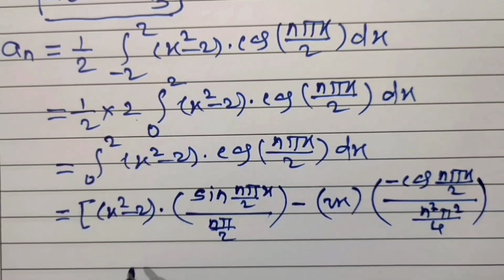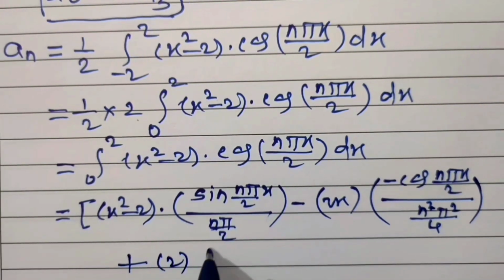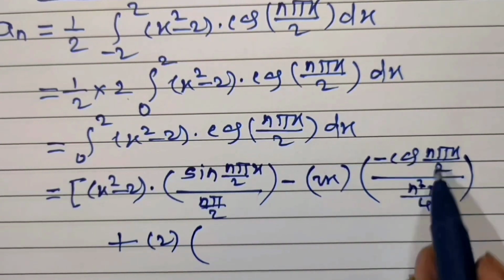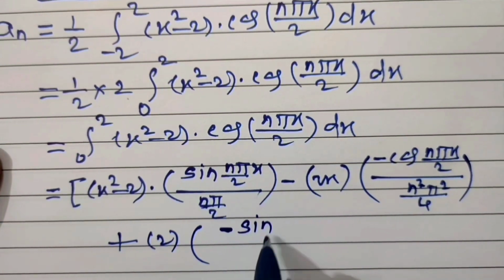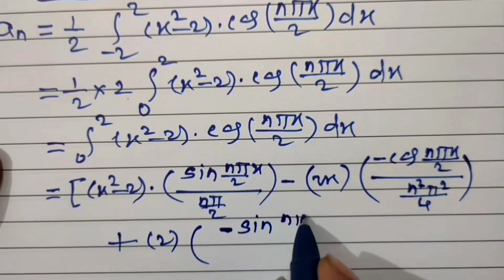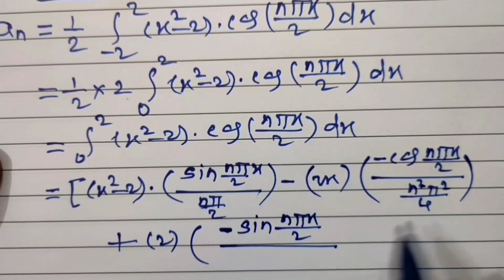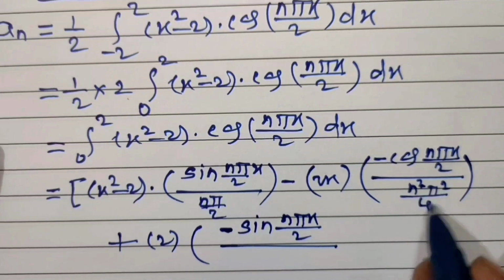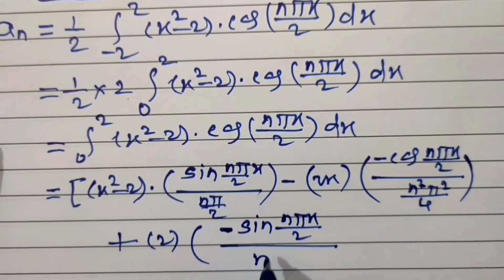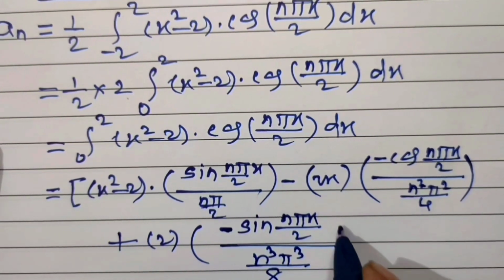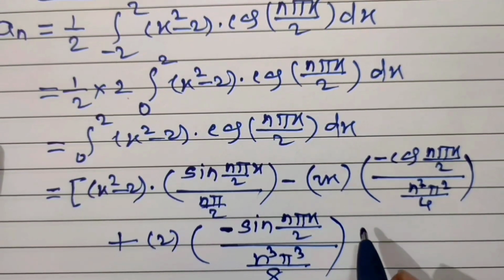Plus the derivative of 2x is 2, and again the integral of this bracket is minus sine of n pi x divided by 2, divided by the derivative and multiplication, that gives n cube pi cube divided by 8, and limits are from 0 to 2.